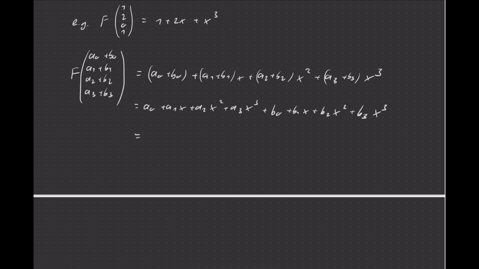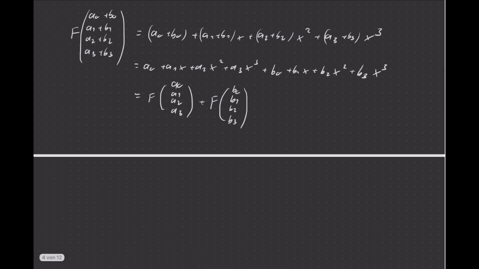And that is the same thing as f of (a0, a1, a2, a3) plus f of (b0, b1, b2, b3). Very simple.